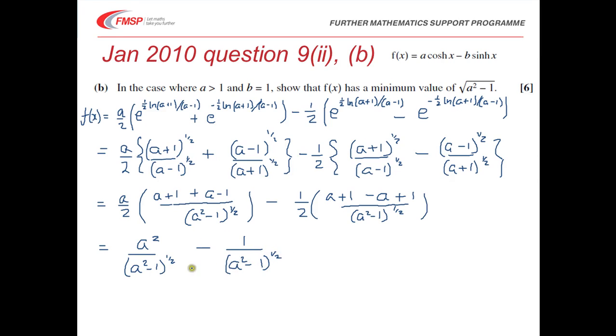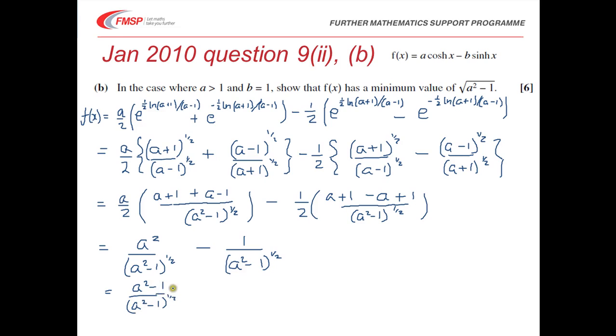And we're subtracting fractions which have the same denominator, so that means we end up with a squared minus 1 over a squared minus 1 to the power of a half.